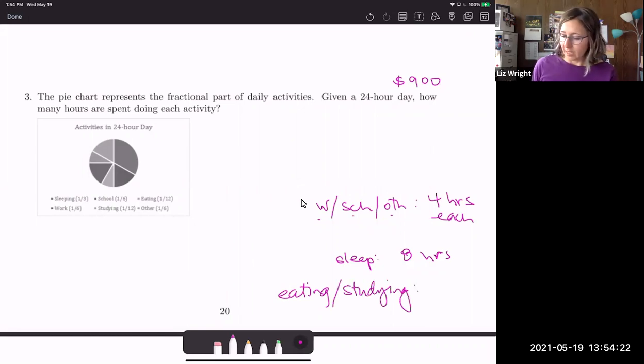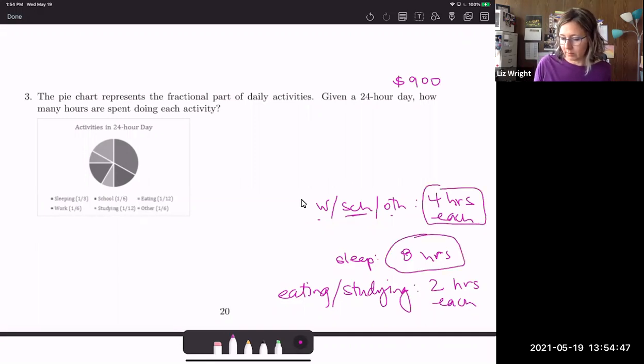It says it should come up to 2 hours each. I don't know, maybe that's fine because we're in school for 4 hours. I feel like we'd be doing homework for more than 2 hours every day, but I don't know. Not my schedule. Okay, so there are your answers for those problems.